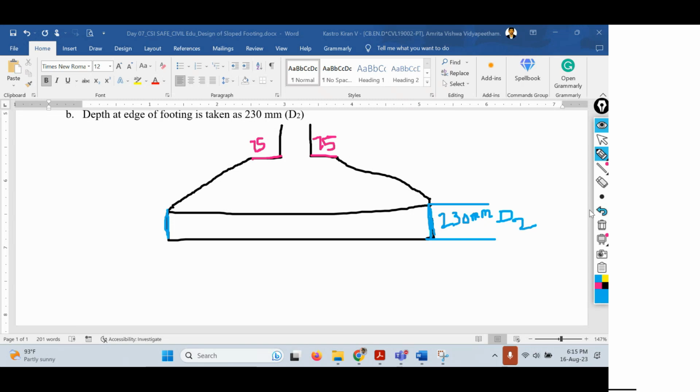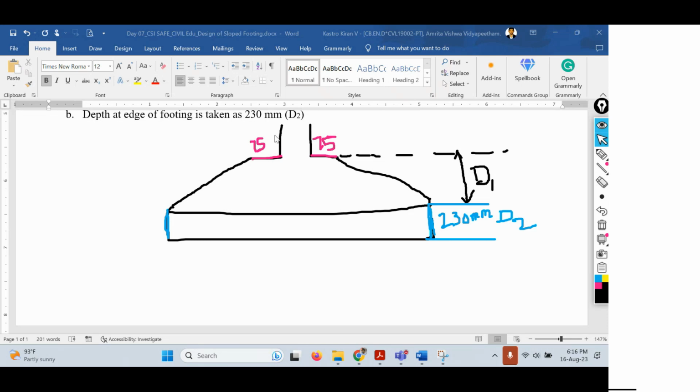And the remaining height from here, I'll call it D1. We have to do some calculations here. I'm just giving you a glimpse of what we are going to do. So these are the two points that we need to remember. The first is the projection from the face of the column. This is the column face.